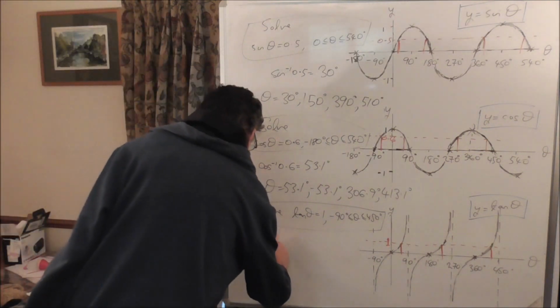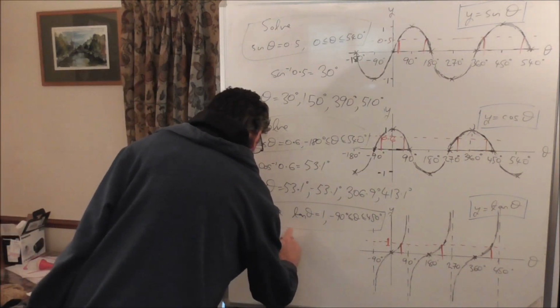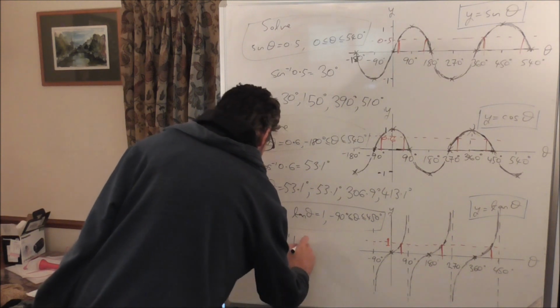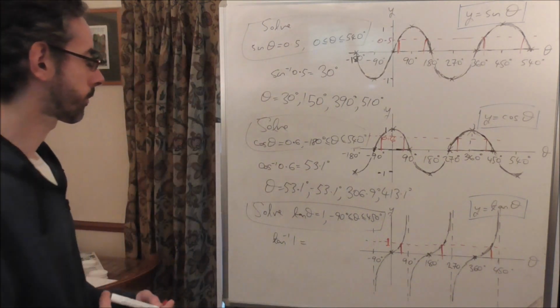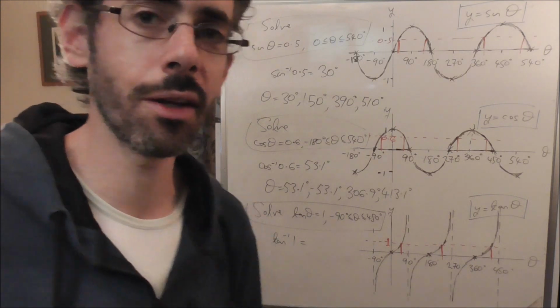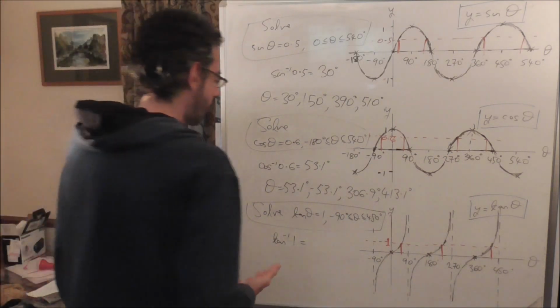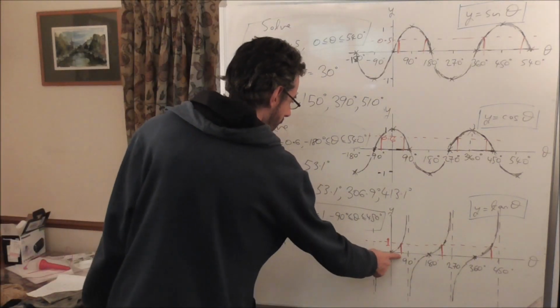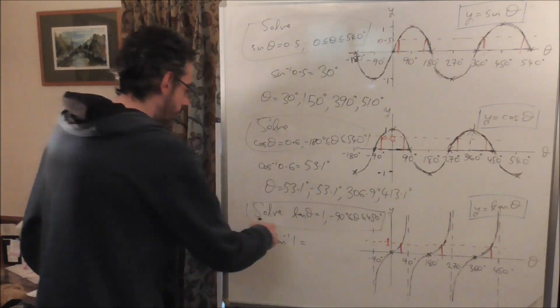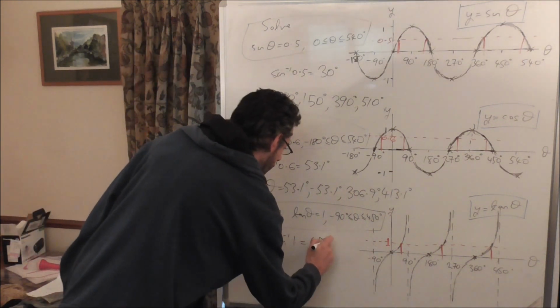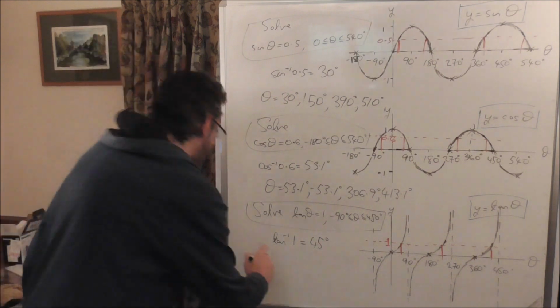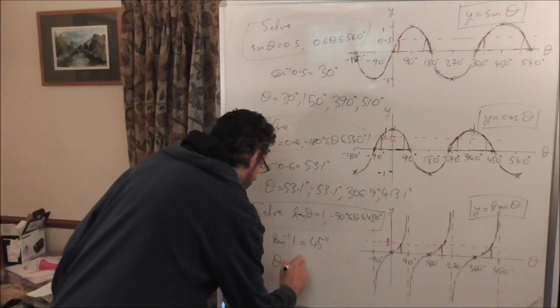So if you press inverse tan of 1, the calculator will give you an angle with a tan value of 1. If you press inverse tan, it gives you the solution that's closest to 0. So it will give you that angle there. So if you press that, you should get 45 degrees. So that's our first solution, 45 degrees.